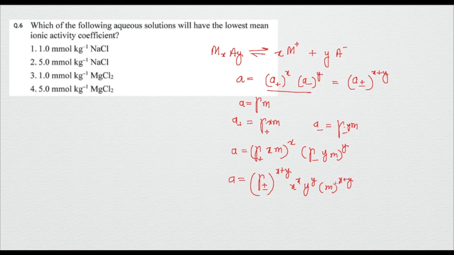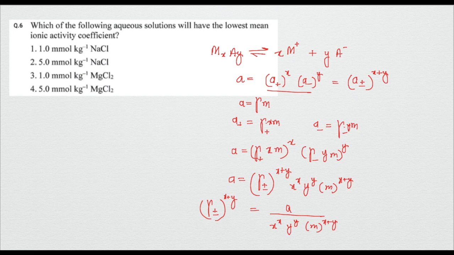So if in the question you have to calculate the mean ionic activity coefficient, you can write gamma plus minus to the power x plus y equals A upon x to the power x, y to the power y, and m to the power x plus y.